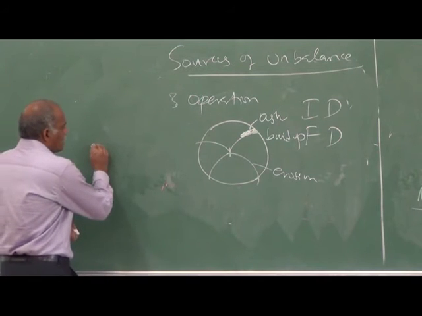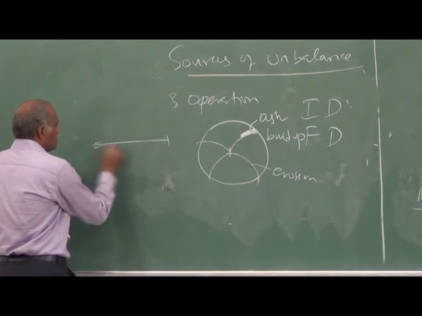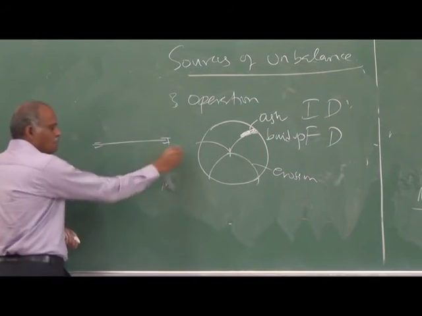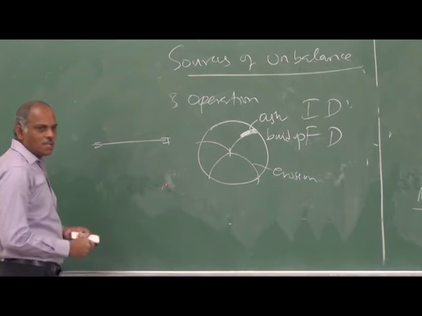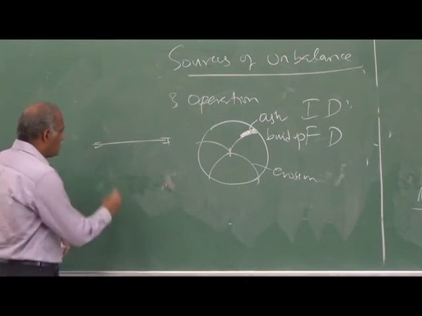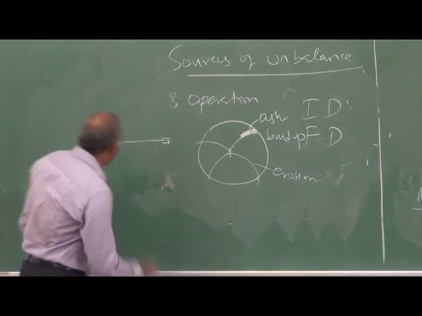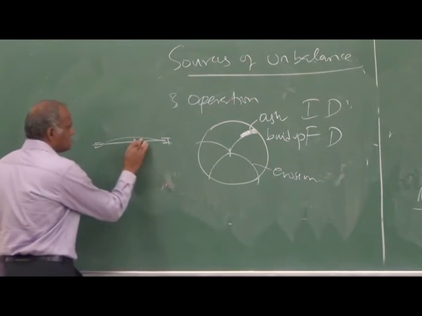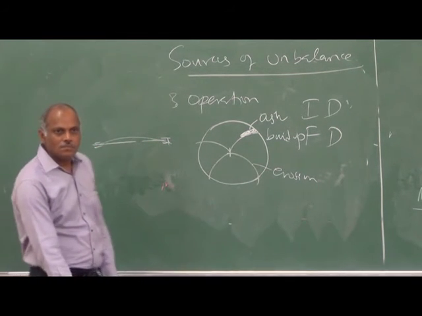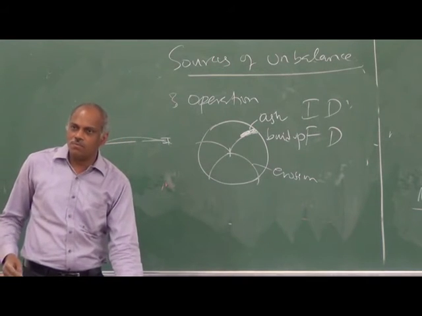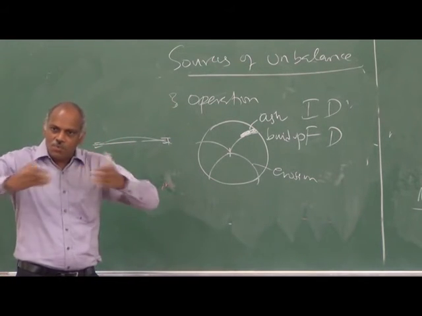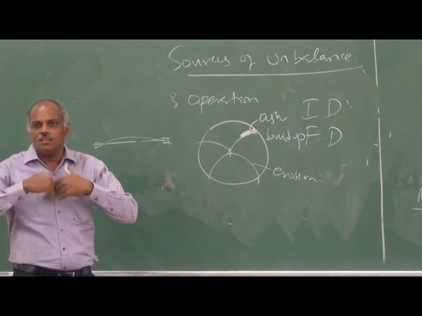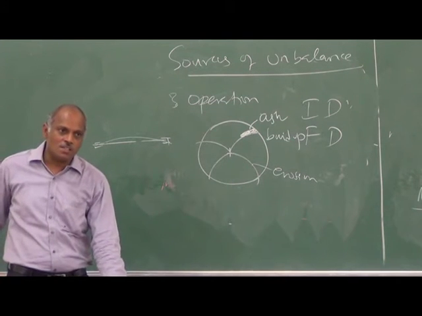Another problem is, suppose I have a shaft. The shaft is initially perfect, but if there is overloading of the equipment, the shaft may slightly bend. In your operation, if you have overloaded it, the shaft would have bent, and then it will create unbalance.